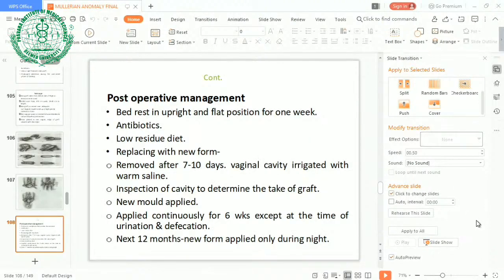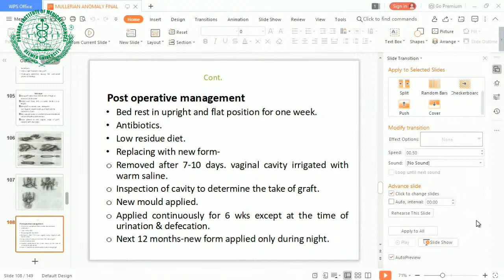Post-operative management: bed rest in upright and flat position for 1 week, antibiotics, low residue diet, and replacing with a new mold. The mold is removed after 7 to 10 days. The vaginal cavity is irrigated with warm saline.